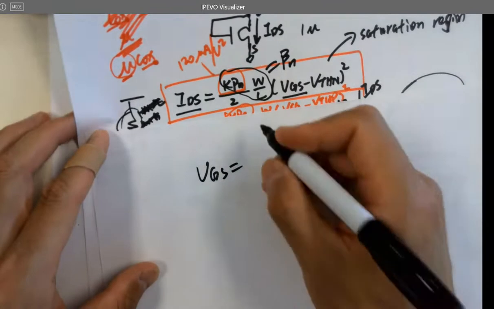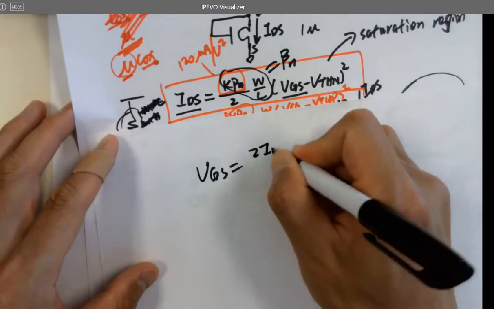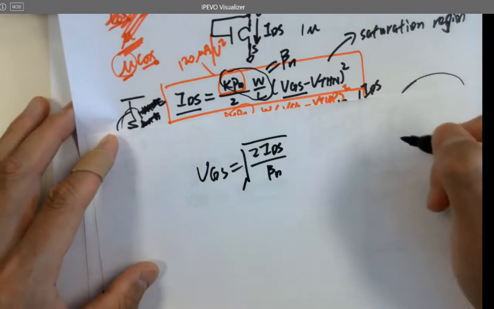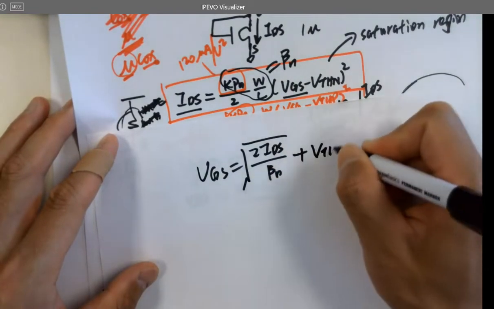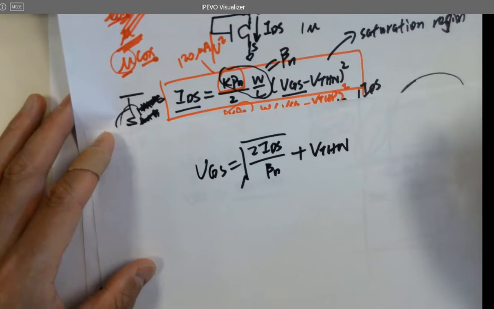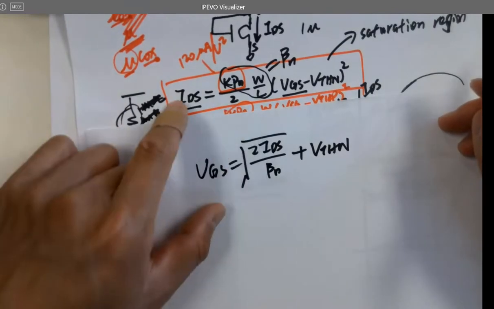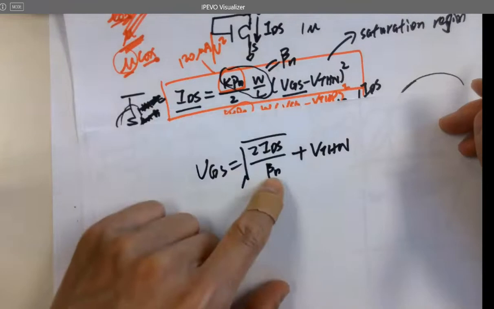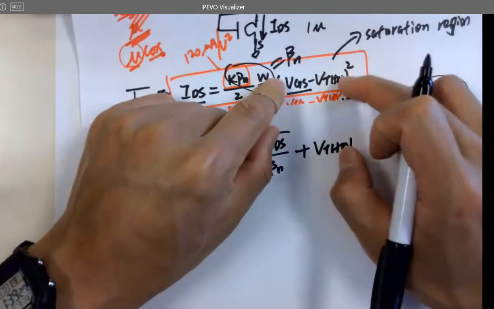So this becomes the square root of 2 IDS over beta n, plus VTHN. Look at it. Move 2 to here, 2 IDS divided by beta n equals this square, right?